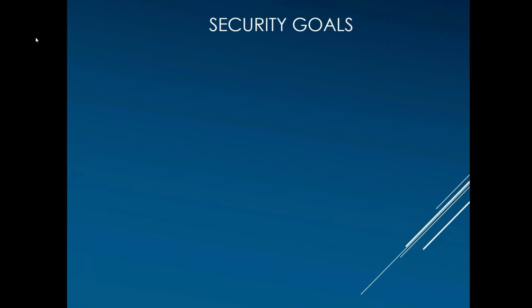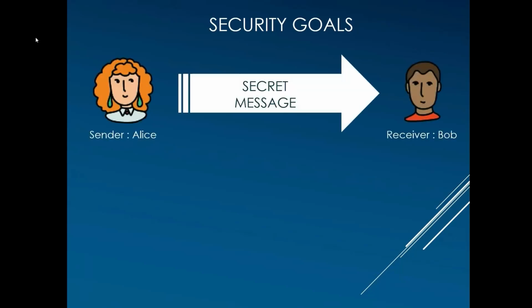Let us now discuss some of the security goals. Let us take the same example where Alice wants to send the data to receiver Bob. What is it that you're looking for in order to keep the message secret? First and foremost, we are looking for the confidentiality of a message.